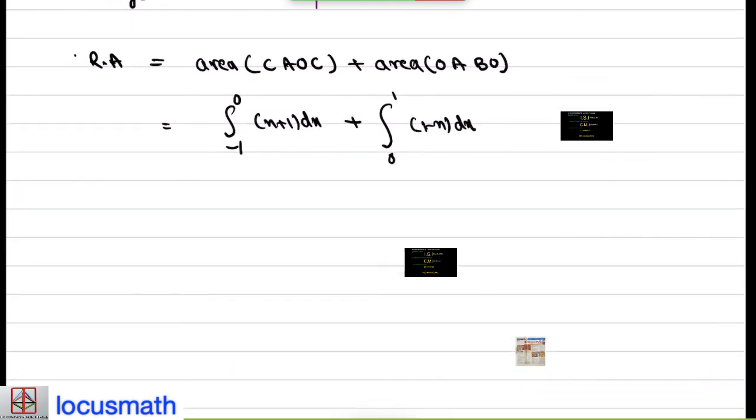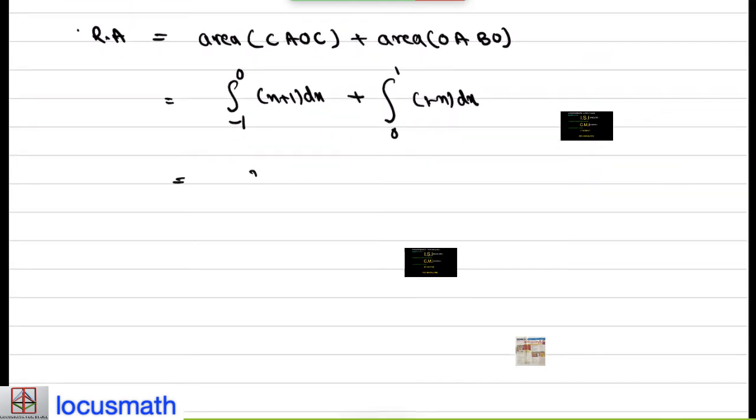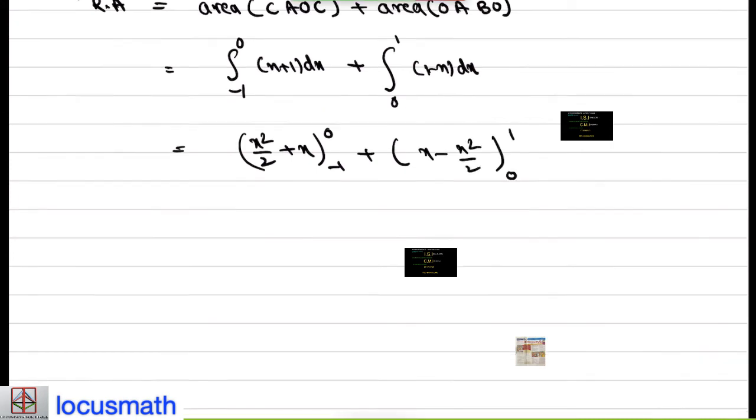This is equal to x square by 2 plus x from minus 1 to 0, plus x minus x square by 2 from 0 to 1.